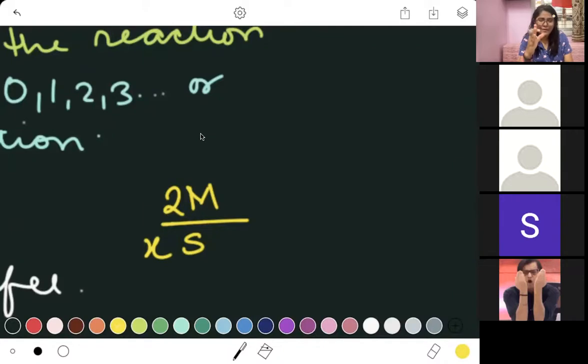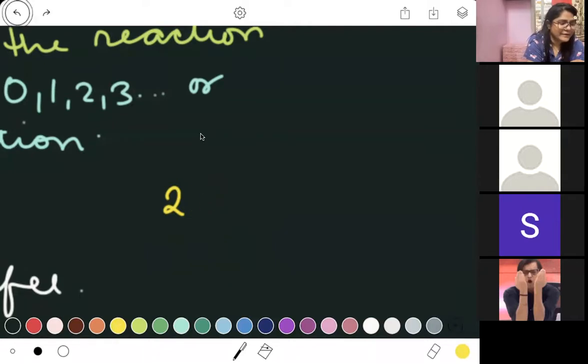So how many moles divided by the time that you used. These are going to be different.